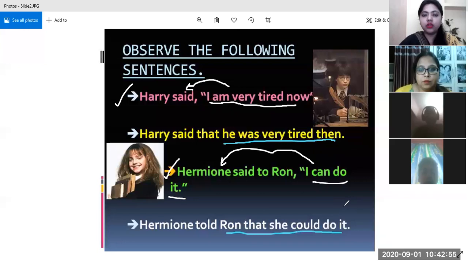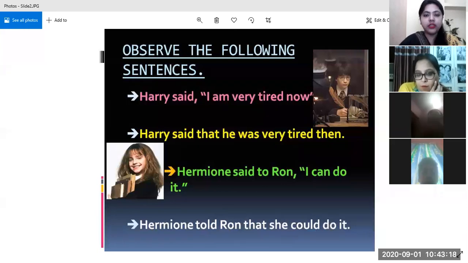Okay, so these are the two ways in which we can report any speech, and this we categorize as direct and indirect speech.